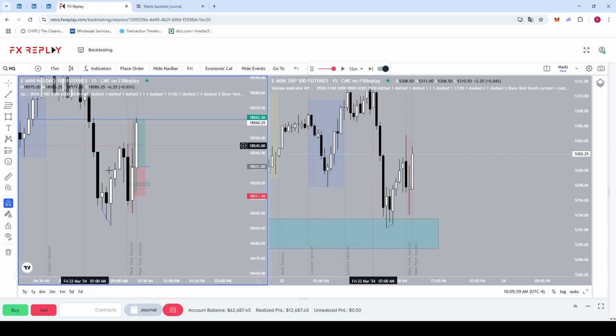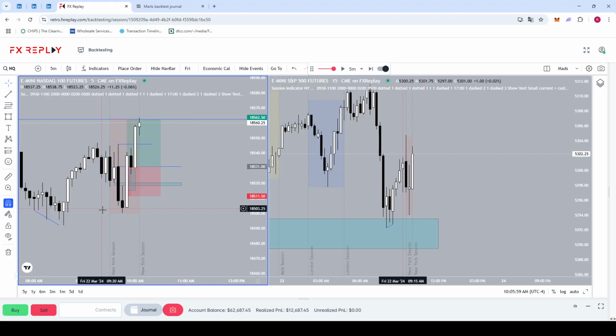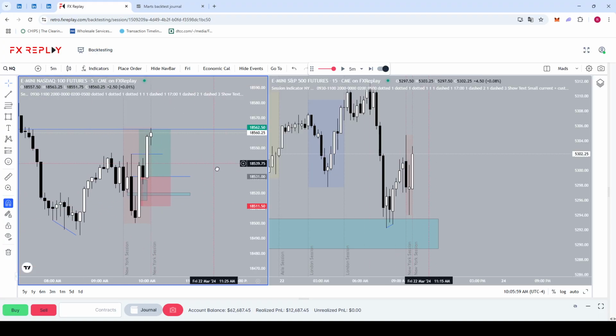So we have an SMT reacting off of a high time frame bullish array.